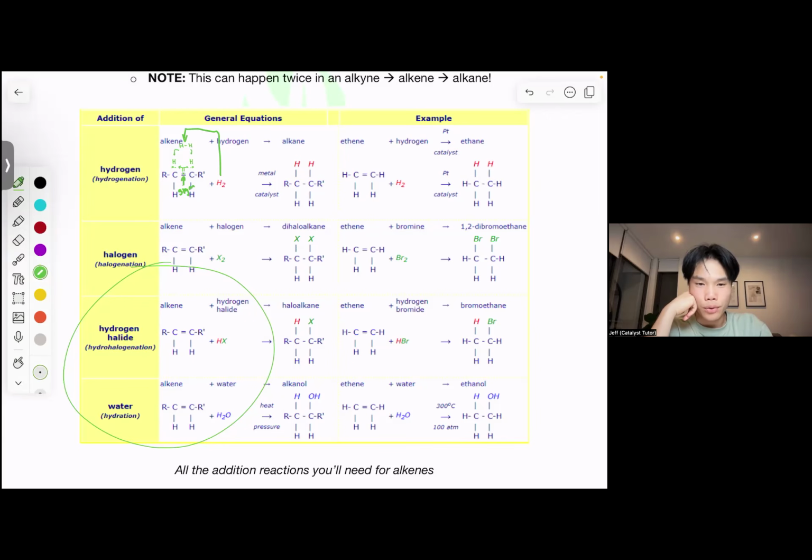How many products can you form in a hydrohalogenation? Major, minor, so you can form 2. And it's because we have an unsymmetrical reagent: HX splitting into H and X, and H2O splitting into HO and H, which will attach onto the chain.